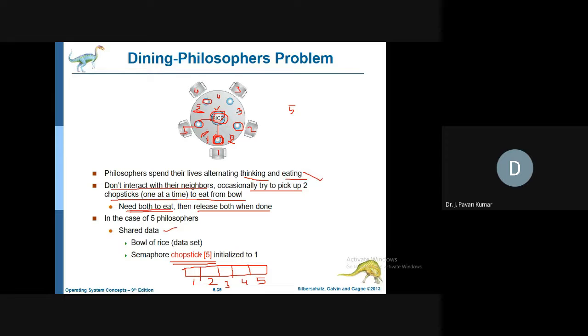Yeah, anyone please tell me. What is the use of semaphore? Why we require? Yes. Yes, please respond, ma. Abhiram, what is the use of semaphore?